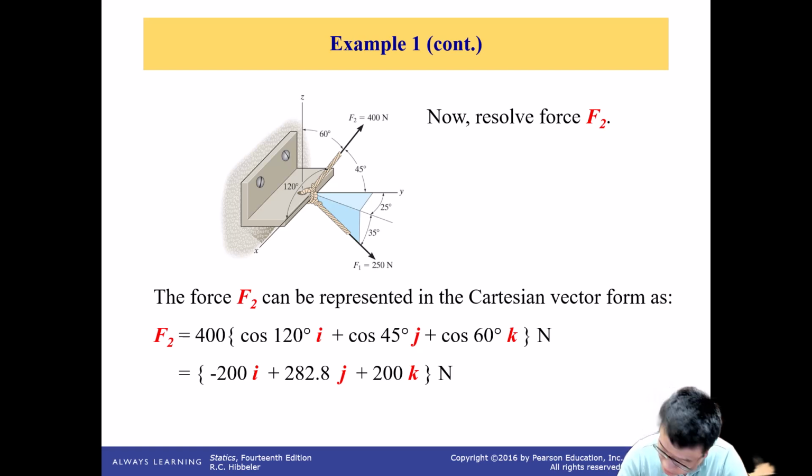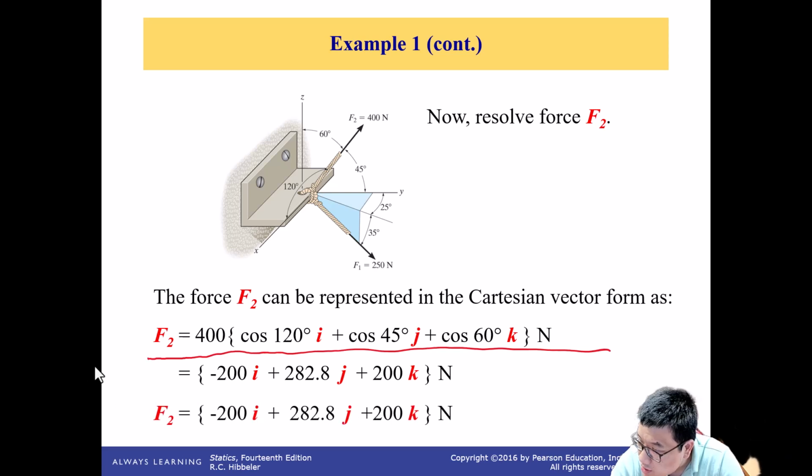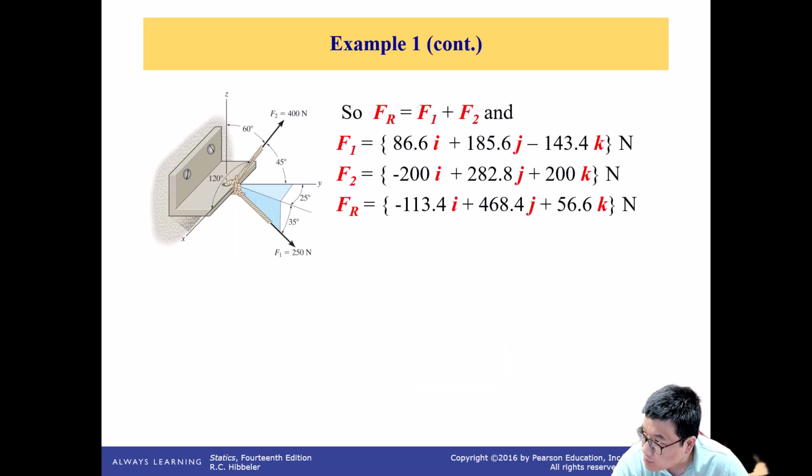So we can express F2 as 400 times cosine 120 i plus cosine 45 j plus cosine 60 k Newtons. Use your calculator, and F2 will be minus 200 i plus 282.8 j plus 200 k. Okay, so far we have solved F1 and F2.